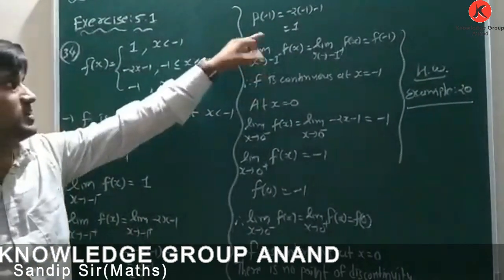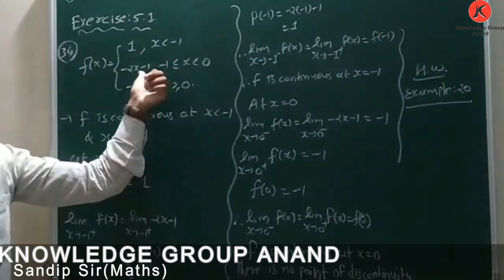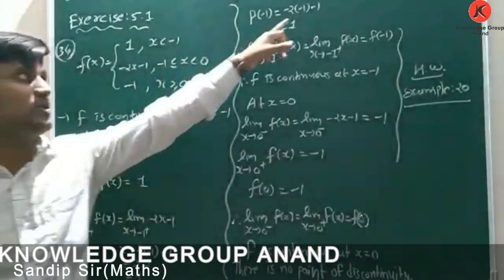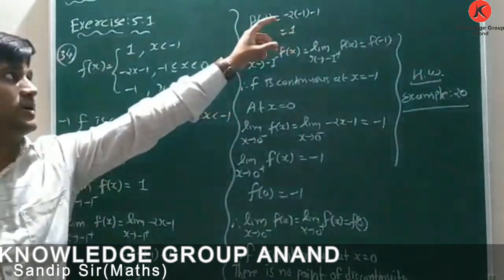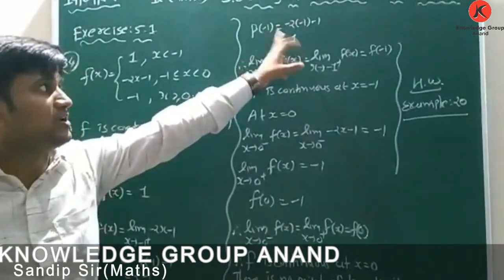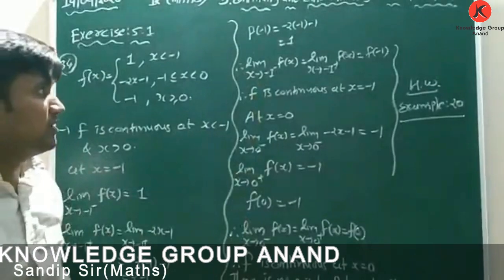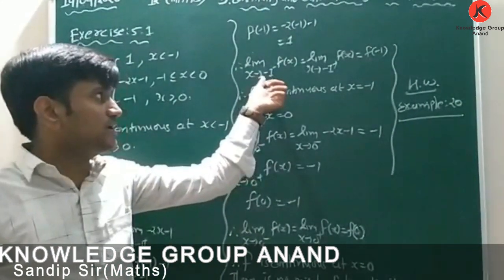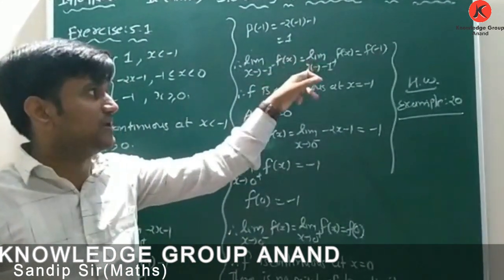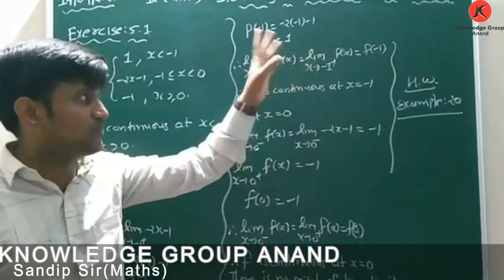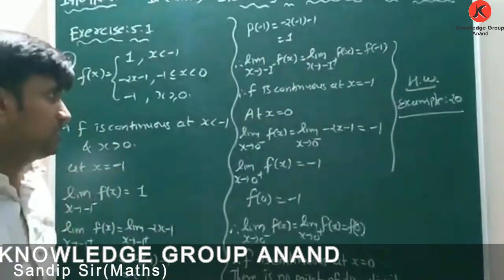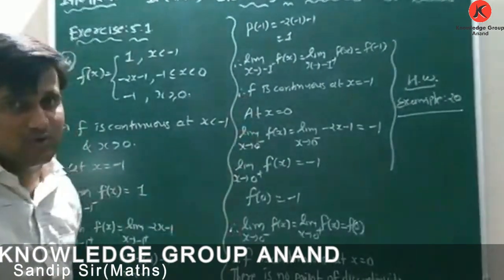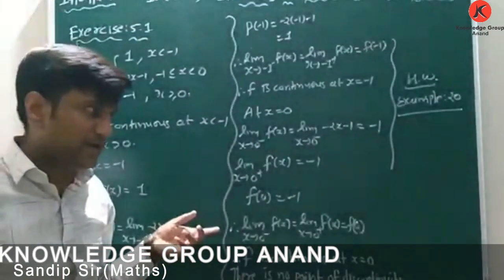And f(−1), from this same function −2x − 1, putting x = −1, gives 1. So the left limit equals the right limit equals f(−1), so f is continuous at x = −1.